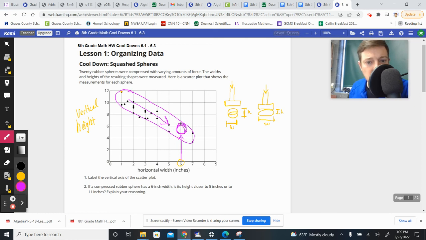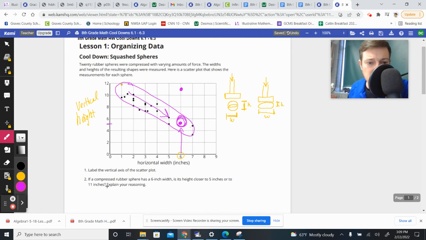The question is, when it's squished to 6 inches wide, do we think the height would be 5 inches or 11? Well, 5 lands right in the middle of our expected zone, and 11 would land way up here, way out of the trend. So our answer is clearly 5 inches.